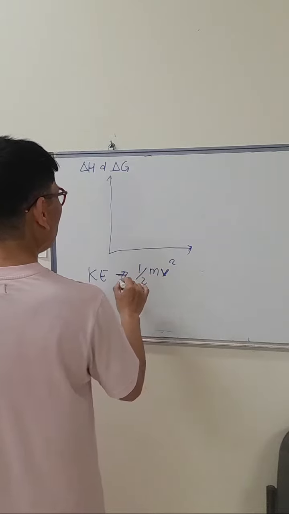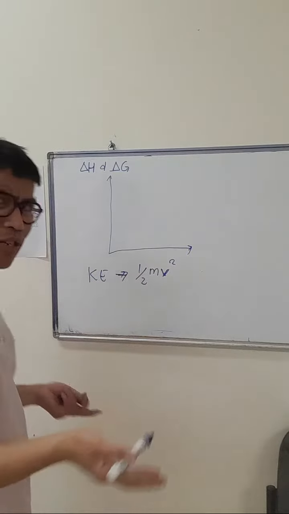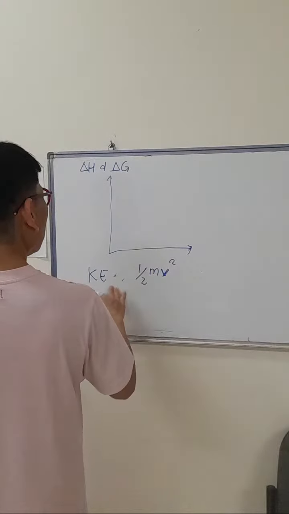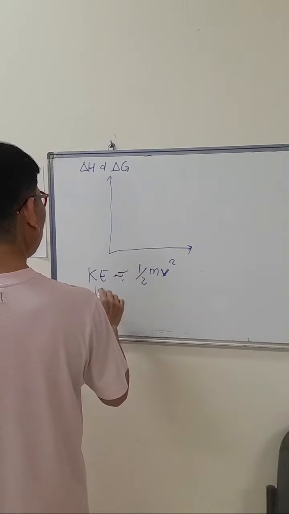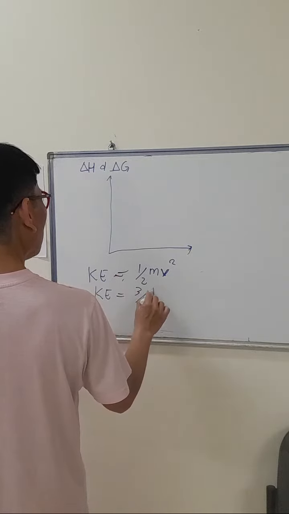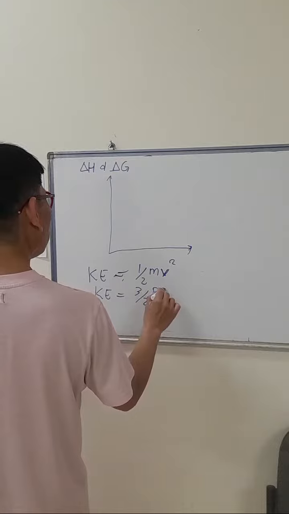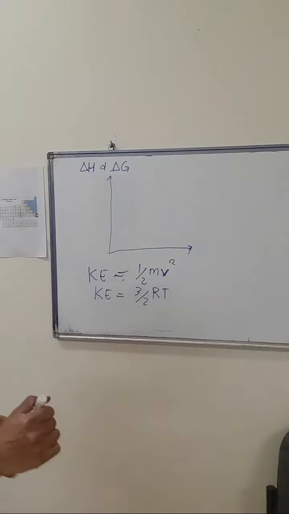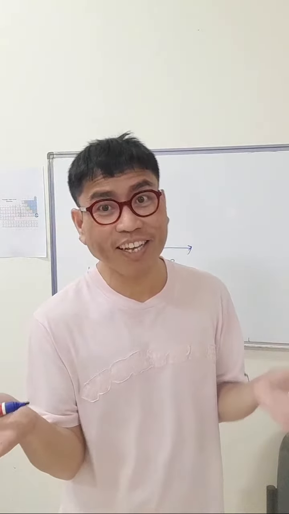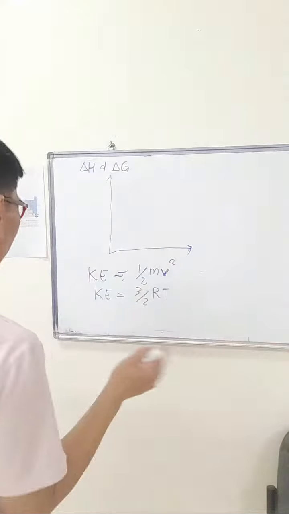In physical chemistry, kinetic energy is equal to 3/2 times the universal gas constant times T. I don't have to compute the root mean square velocity, that's not our topic.